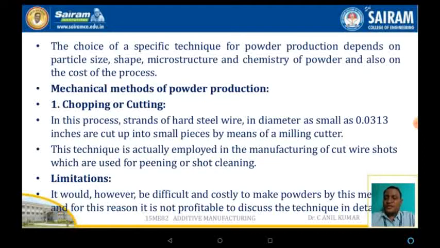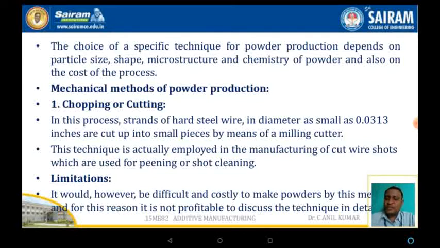In this slide, we will discuss more about the mechanical methods of powder production. Chopping or cutting: in this process, strands of hard steel wire of small diameter are cut into small pieces by means of a milling cutter.